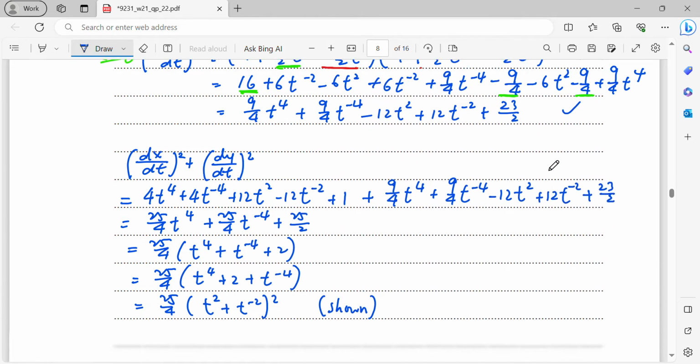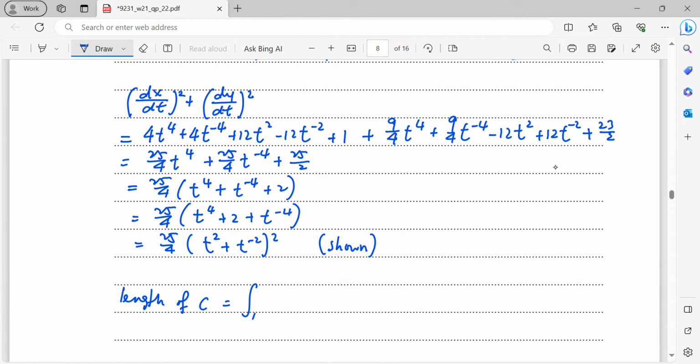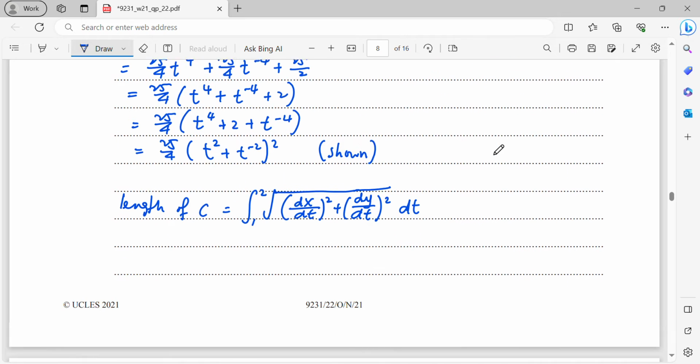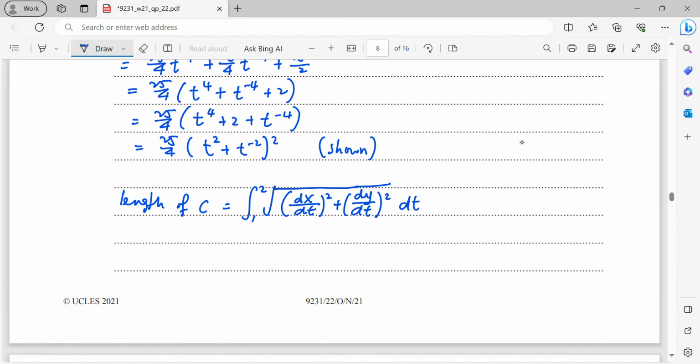Okay, so you have to integrate from 1 to 2, square root of dx over dt squared plus dy over dt squared dt. So this is your formula. Okay, so here I will replace it by this form. So 1 to 2, 25 over 4 t squared plus t degree negative 2 squared. Don't forget the square root.